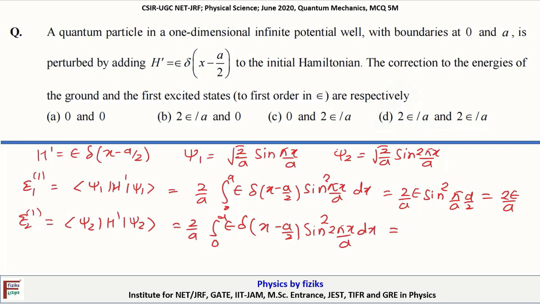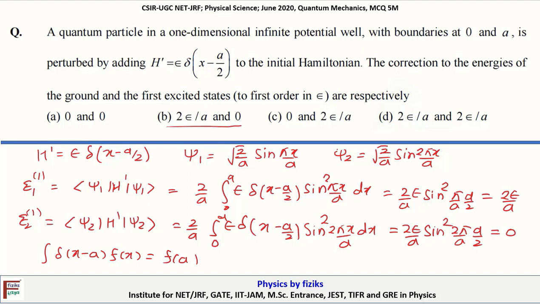That would give us 2 epsilon by a sin square(2 pi by a times a by 2). Here this would give us sin square(pi), so that value would be 0. We have been using this property: integral of delta(x minus a) f(x) is equal to f(a). So the correct option for this problem would be option B.